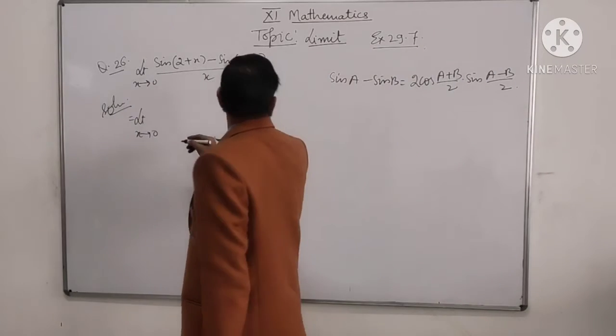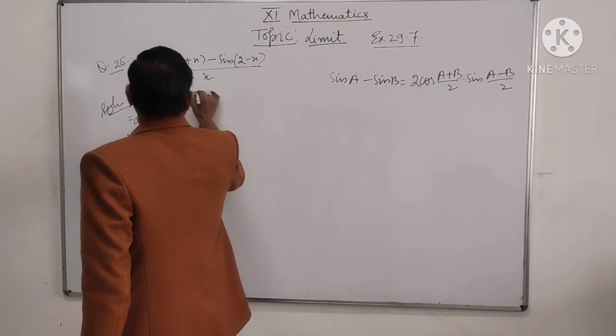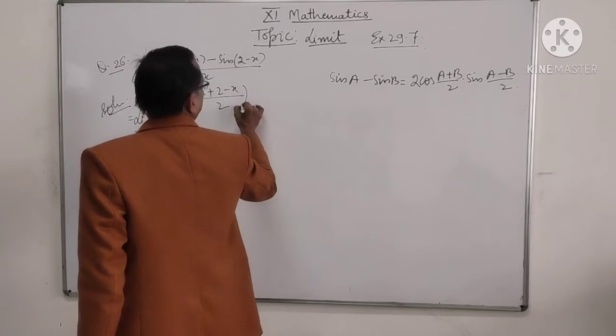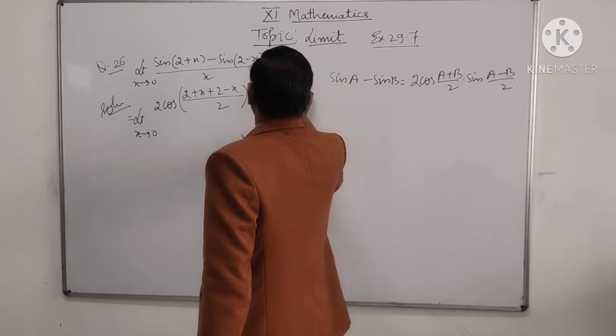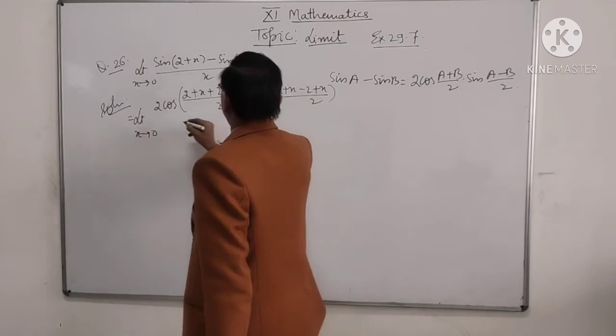Then it is 2 cos (2 plus x plus 2 minus x) upon 2 into sin (2 plus x minus 2 plus x) upon 2, whole divided by x.